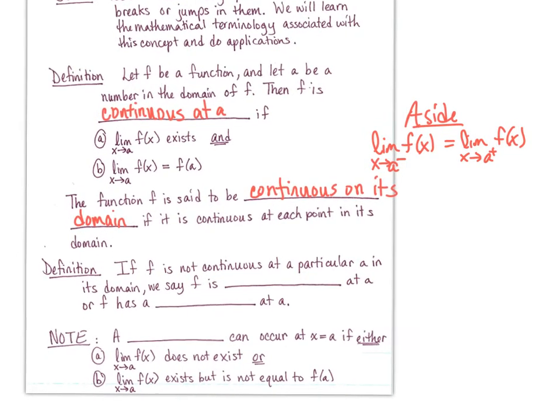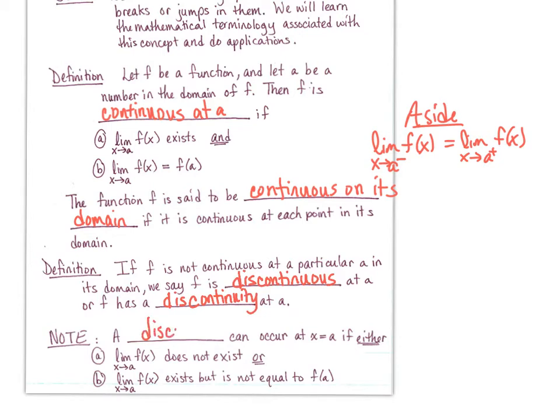If f is not continuous at a particular a in its domain, we say f is discontinuous at a, or that f has a discontinuity at a. A couple of notes.